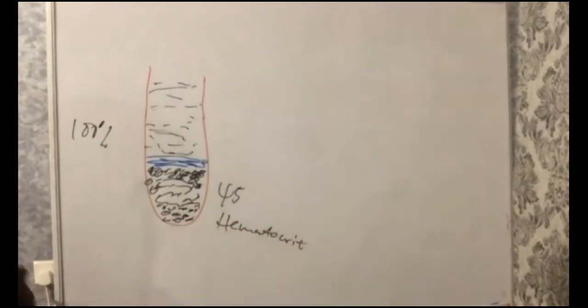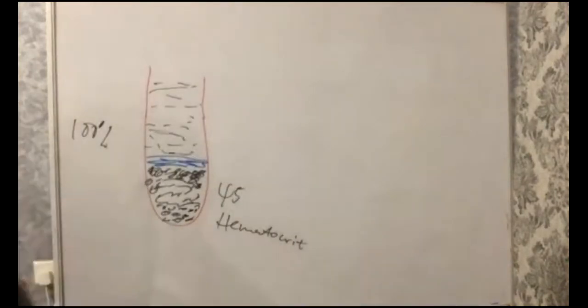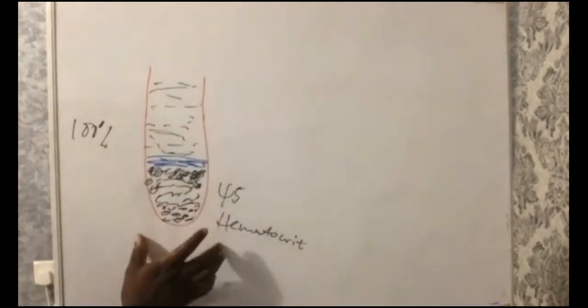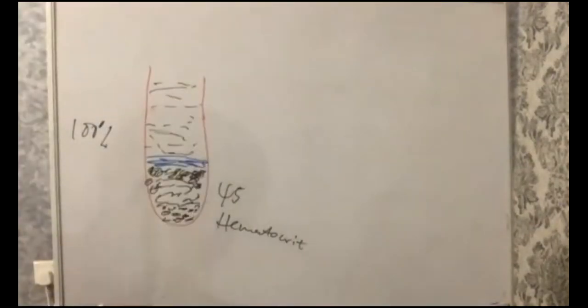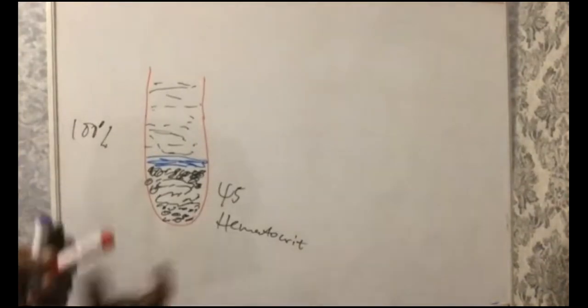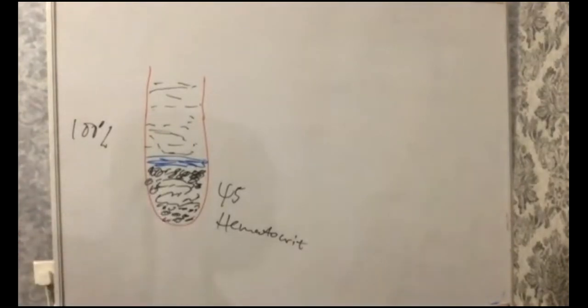The rest here will be the plasma. This is for a normal patient. Now they are saying that this same normal patient started exercising in a high temperature area, and obviously the patient will sweat, right?